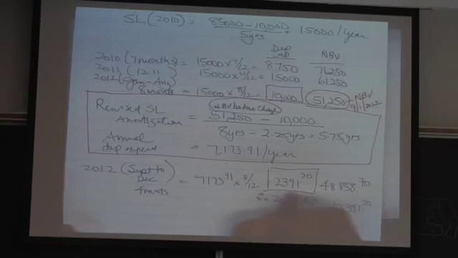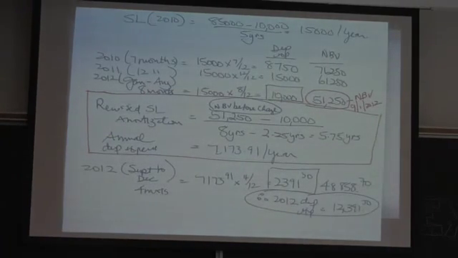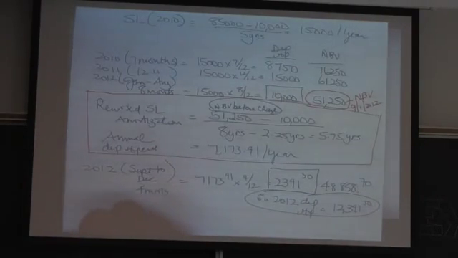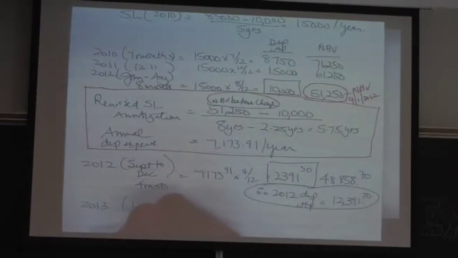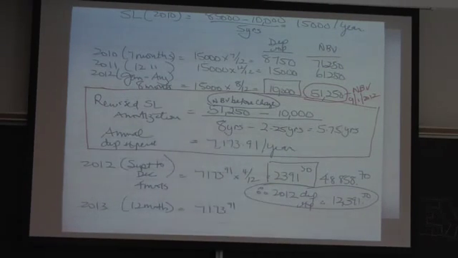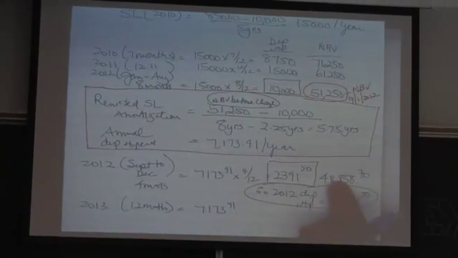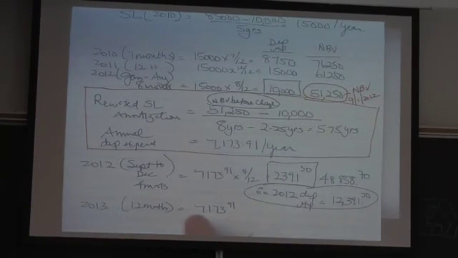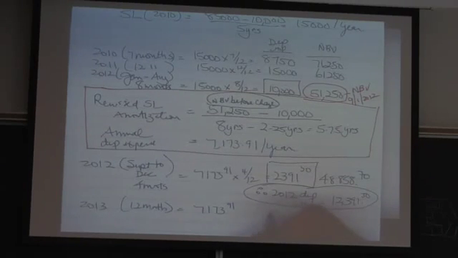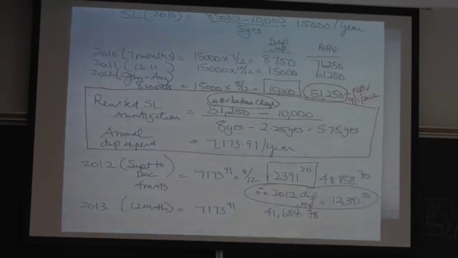Okay, now let's just continue on. You've got 2013. Again, that's 12 months, and we know what that is, $7,173.91. The net book value is 48,858.70 less 7,173.91, which gives us 41,684.78.